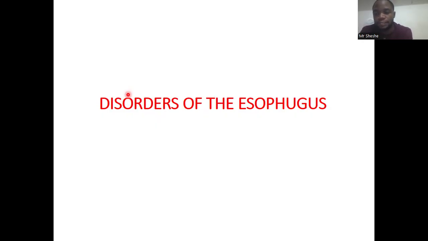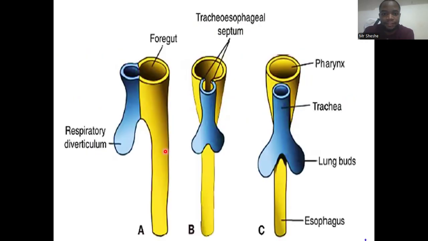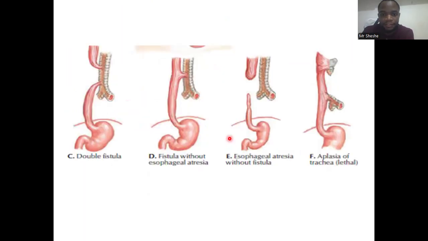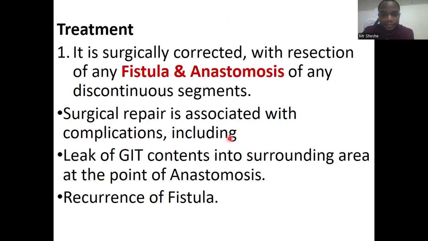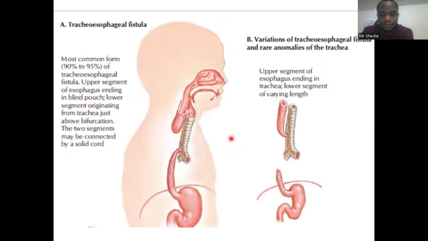Now, this tube has layers. From the inside layer, we have the mucosa. If I can use this diagram, that is the esophagus at the back there. In front is the trachea. In this arrangement, the trachea is always in front, or anterior. Posterior to the trachea is the esophagus.